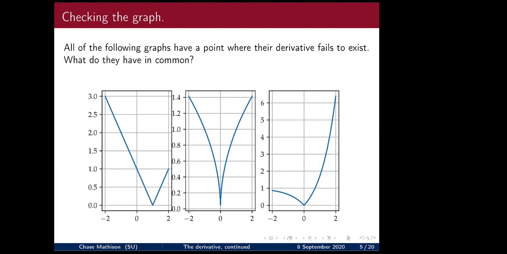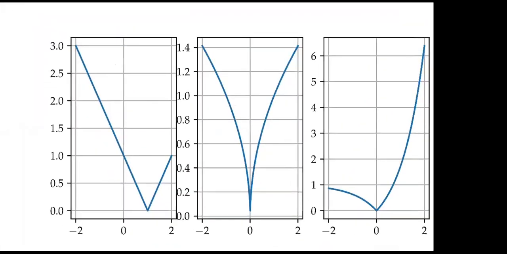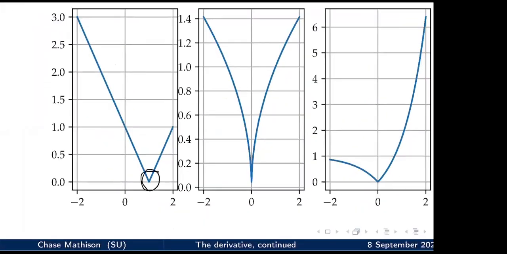Yeah, they all are V-shaped, right? And so what in particular causes that derivative to fail to exist? In a V, we have a sharp point, exactly. On this graph here, we have a sharp point right there, and that's precisely where the derivative fails to exist.